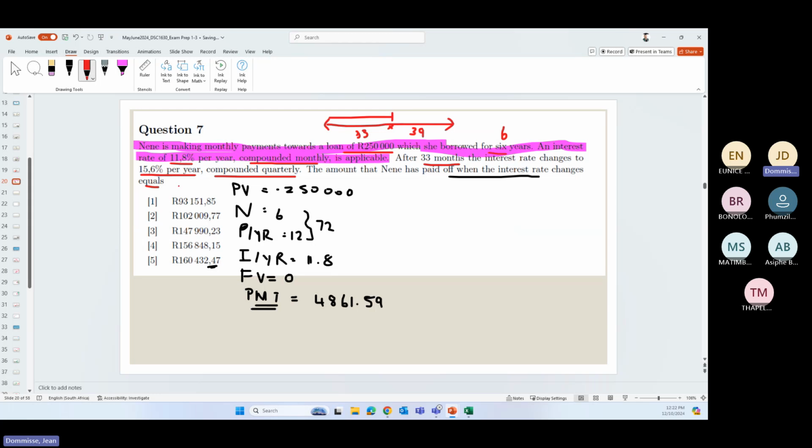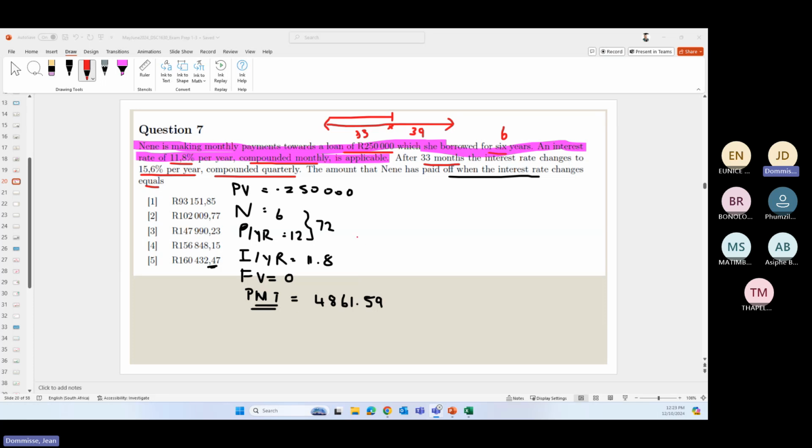Okay, I would not have nearly done that. I would have looked at that interest, but remember when you times that now by 33, it's not just that amount that you paid off, you are also paying off interest. So I want to know what is the amount that I've paid off of the 250,000 without the interest component.